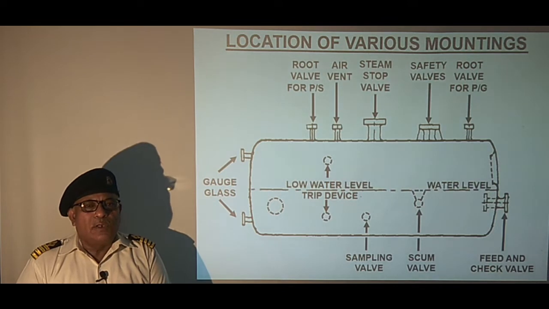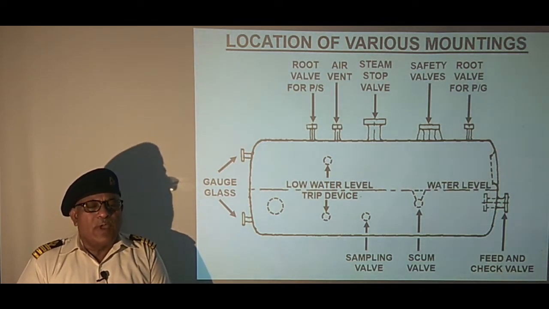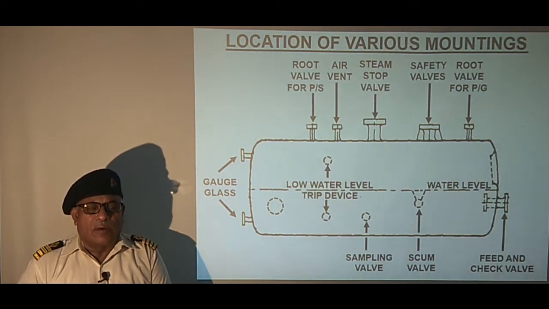Scum valve is used for removing the floating scum. Similarly, we have blow down valve at the bottom drum or on the bottom part of the boiler to drain the water or to empty the boiler.